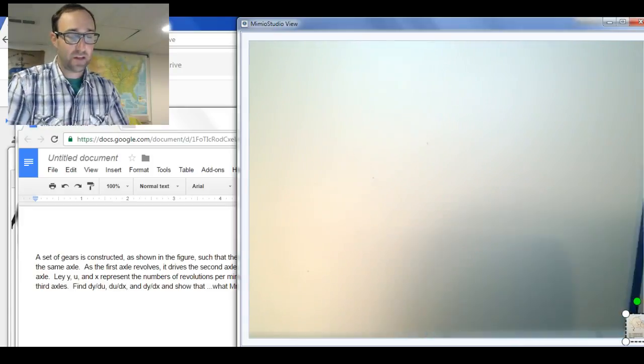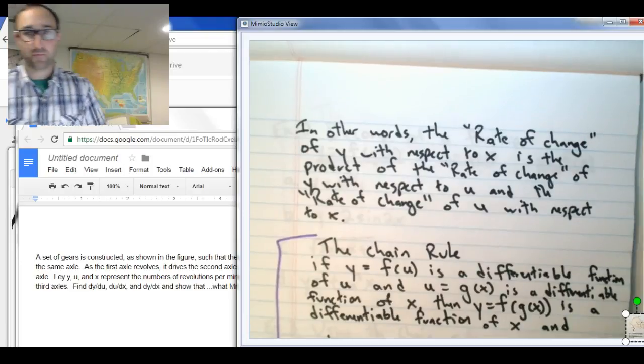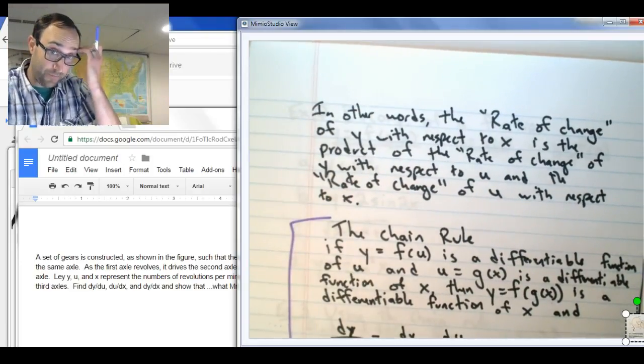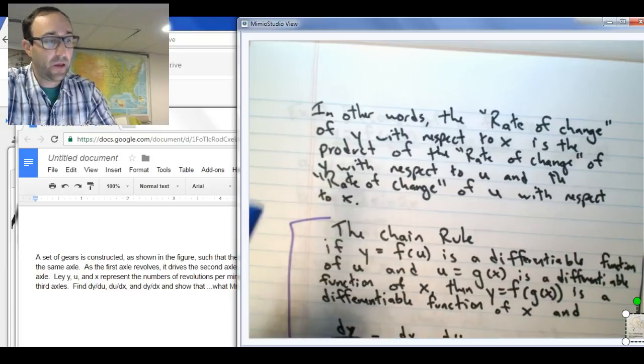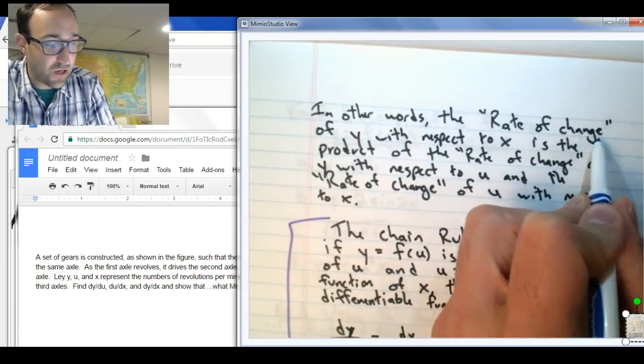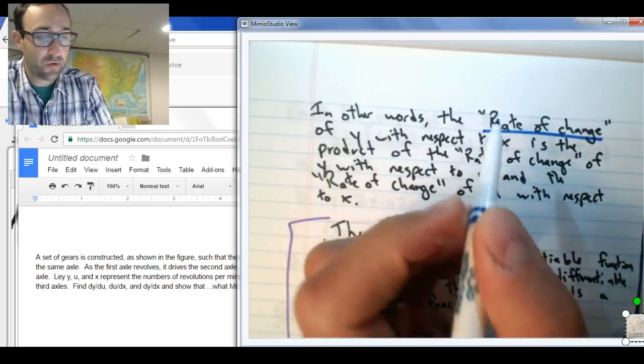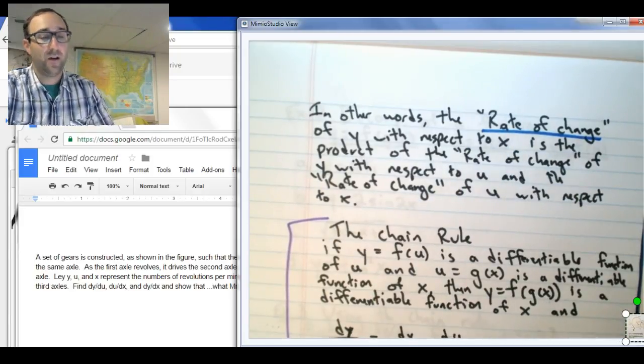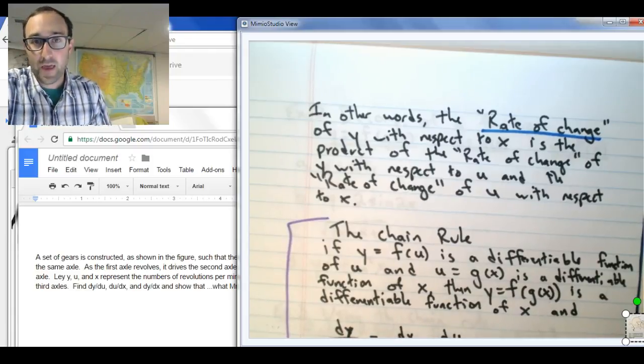Alright, so let's see if I can maybe make this a little bit better. So it says, in other words, for the chain rule, the rate of change, and if you remember what rate of change is, it is the derivative of our function at that specific spot.